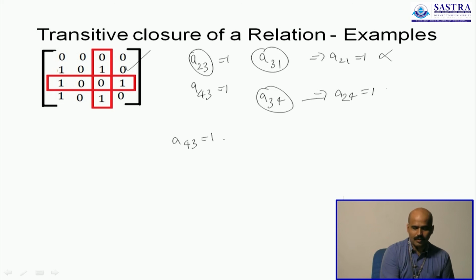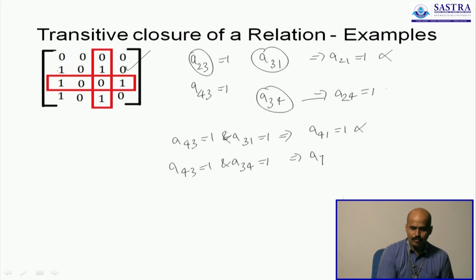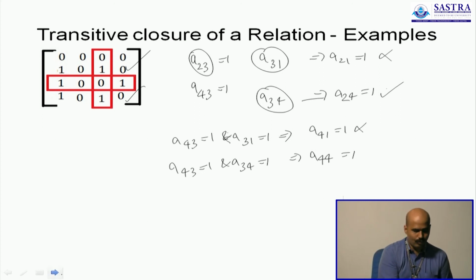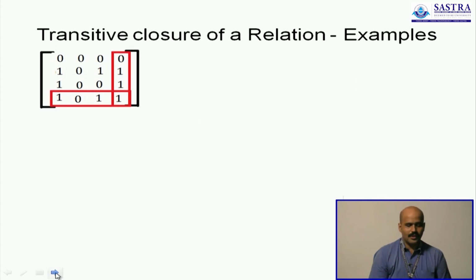A43 and 3 1 will mean that A41 is a 1, that's no change again, but A43 and 3 4 are 1s, which will mean that A44 is a 1, so this element is also a 1. We made all 4 comparisons, no more changes. You have 2 changes out of the 4 possible changes. A24 is a 1 and A44 is a 1, that's what you have on the next screen.